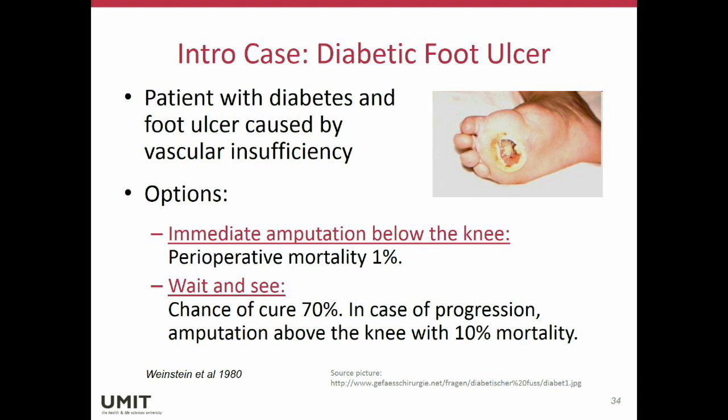That would be 70%, and in case of progression, the amputation above the knee would be necessary, and that has a 10% mortality. So there is a huge trade-off between taking one risk or the other. So we're going to structure now that very simple problem. Some of you may actually have solved that with some probability multiplications, but we're going to show you how to do that structurally if you have more than just 2 or 3 numbers.